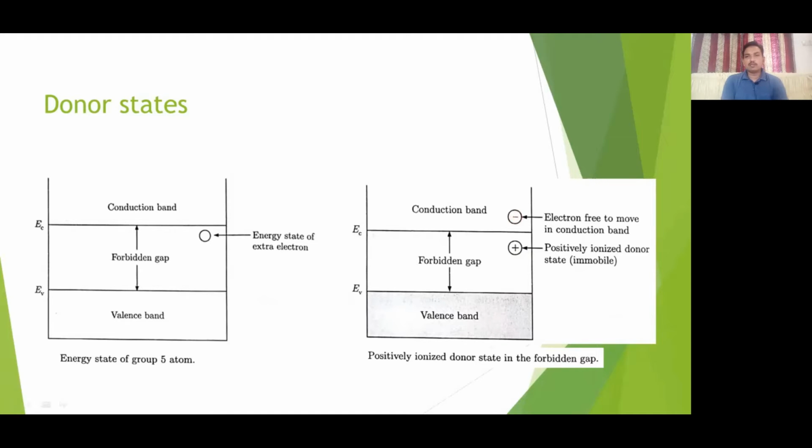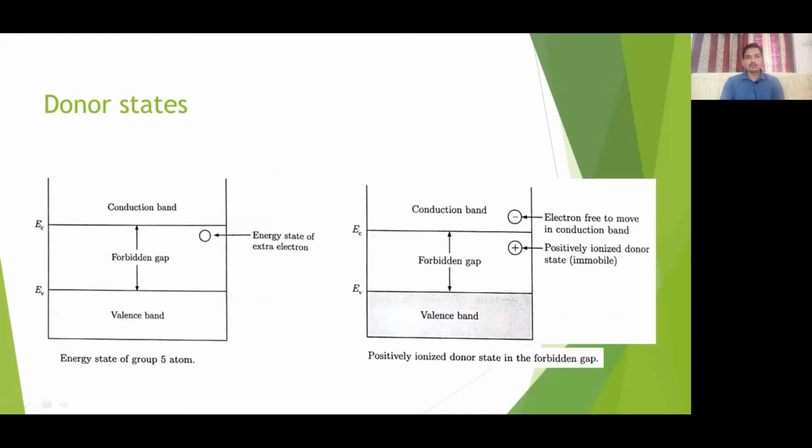So this is a free electron moving in the conduction band. So you have a free electron in the conduction band with a very small amount of energy. So this electron can take part in the conductivity of the semiconductor. So the energy of this electron has an extra state, and that energy state is basically called donor energy state.